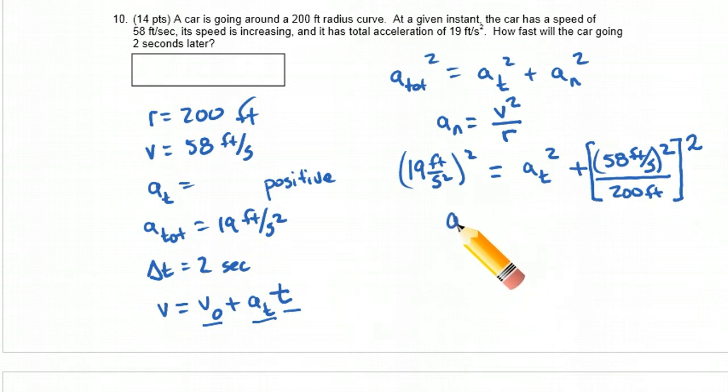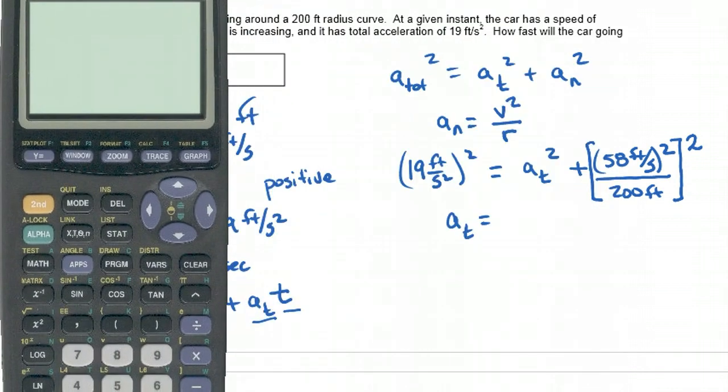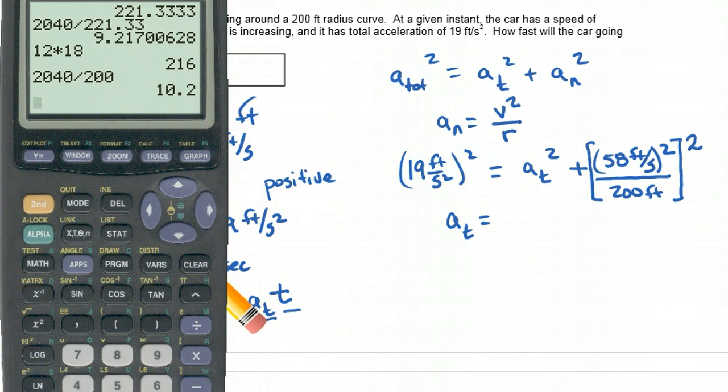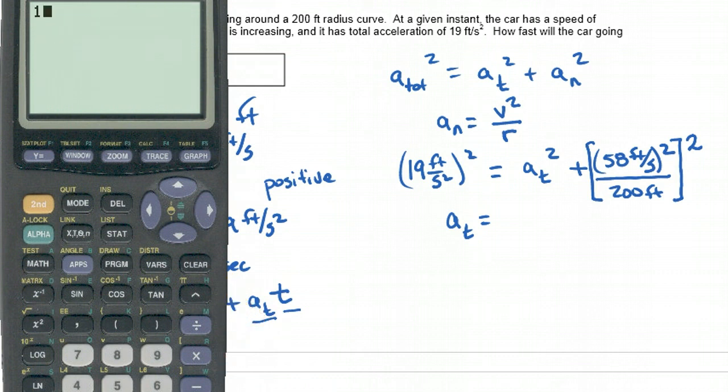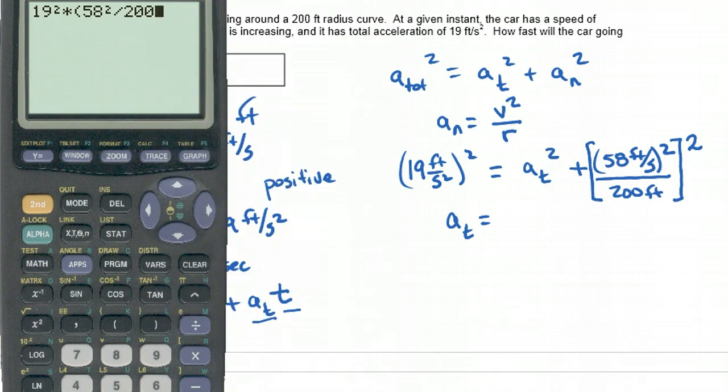Anyway, we can solve for a sub t from this equation. So I'll do that quickly. I'm just going to do 19 squared minus, let's do it this way, parenthesis 58 squared divided by 200 quantity squared.